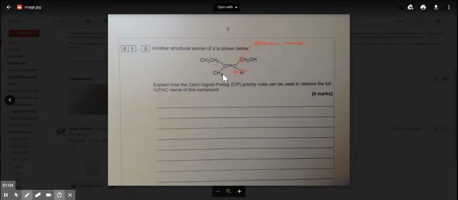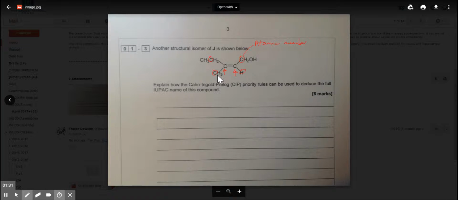Then you move on to this carbon, and you again compare the two atoms that are bonded to this carbon, which are this carbon and this carbon. Compare those atomic numbers and find that they're the same. So then you move on to the biggest atom that each of these carbons is bonded to.